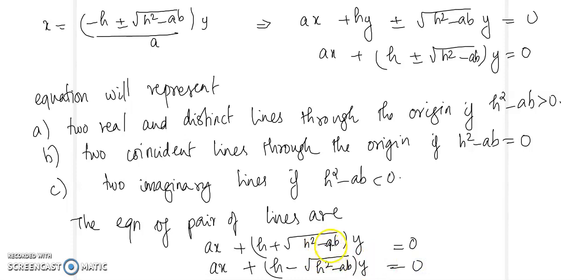So these are going to be the equations of the pair of straight lines, or these lines are in this form.